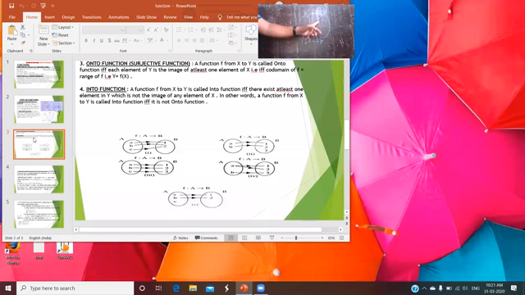are the image of at least one element of the domain of f.